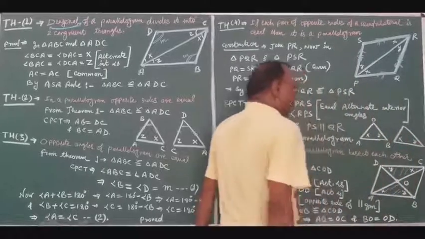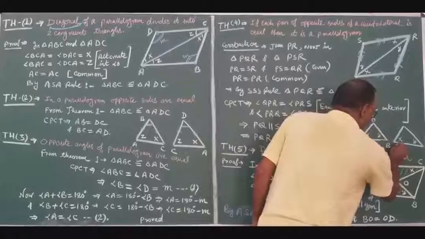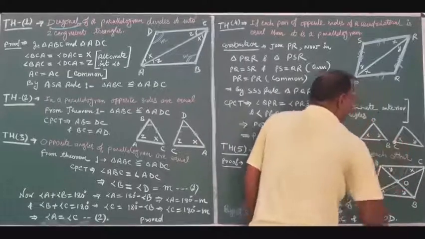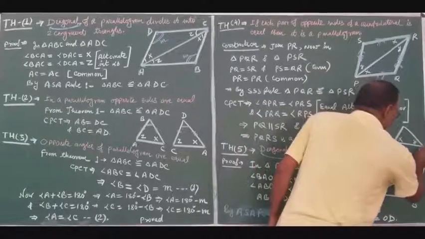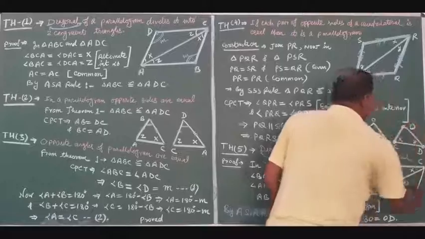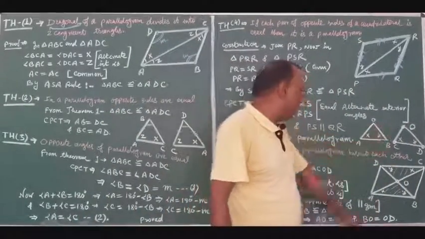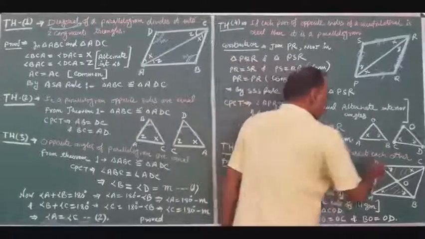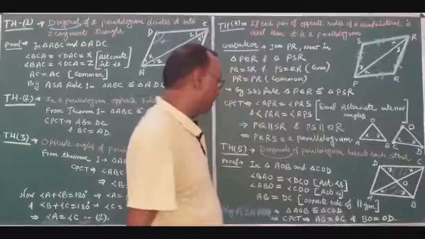Which vertex has angle X in the other triangle? DCO, so vertex C should be here, and angle Y is at vertex D here. So what is the third one? This is O. Now the triangles AOB and COD are in CPCT position.